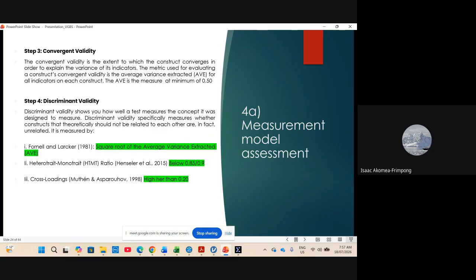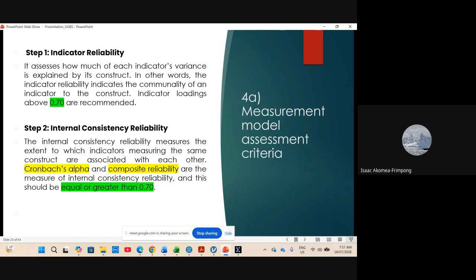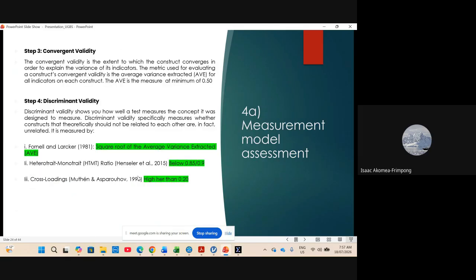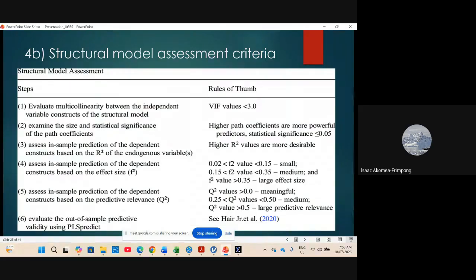For example, if you check the measurement model, let's take indicator reliability. If it is 0.7 and above, then you are okay. All the other things are okay, then it means your model is fine. Then you also check the structural model, and then everything is fine. Then your model is fine.